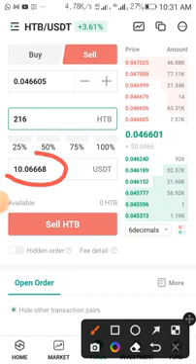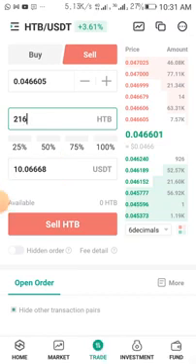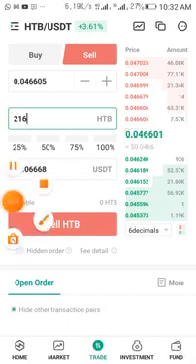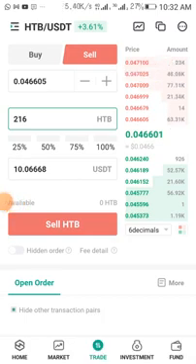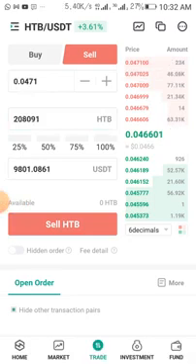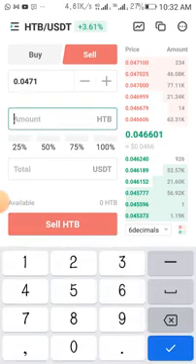I rather made profit. So let's assume that I don't want to sell at this very low. I don't want to leave the market as early as this. I can just go ahead and join this last person here for a higher rate. So I'll click on his price, then input the amount of HTB I want to sell. I want to sell 216.